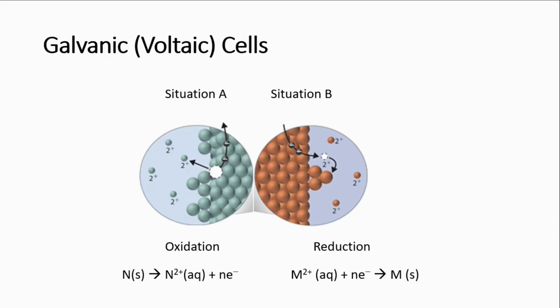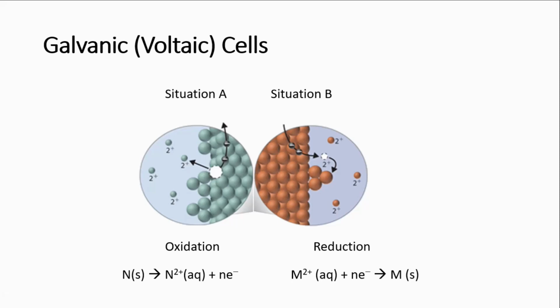So the ions in solution, when they go to the electrode surface and collect these 2 electrons, if these ions are 2 plus and they collect 2 electrons, they will go to 0. That is, they are reduced, so they become neutral. And so the ions have now been converted to a solid, as indicated by the equation beneath situation B.